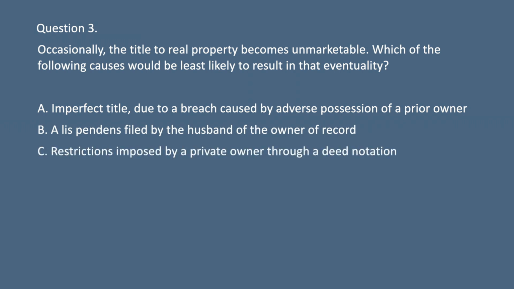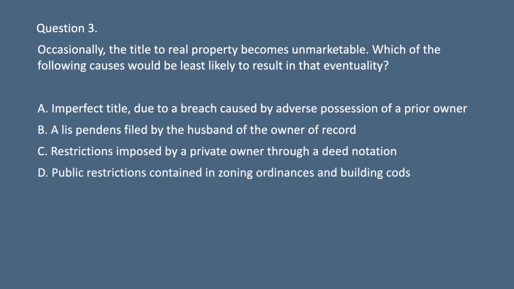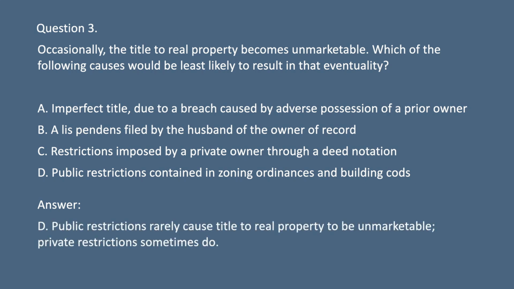C. Restrictions imposed by a private owner through a deed notation. D. Public restrictions contained in zoning ordinances and building codes. Answer. D. Public restrictions rarely cause title to real property to be unmarketable, private restrictions sometimes do.